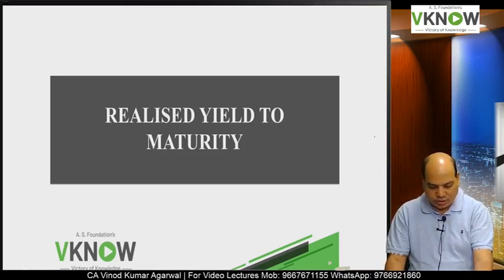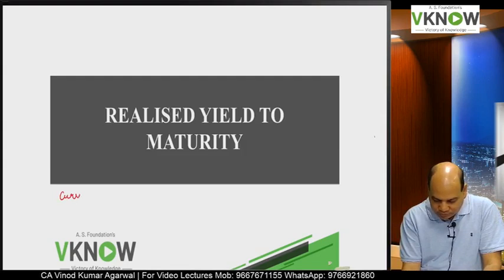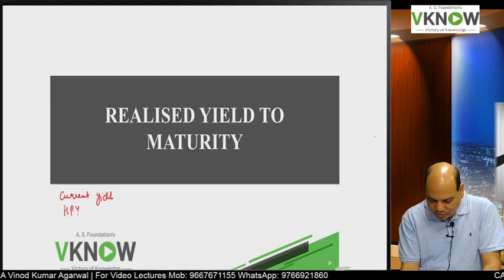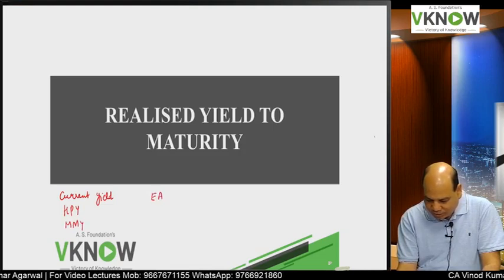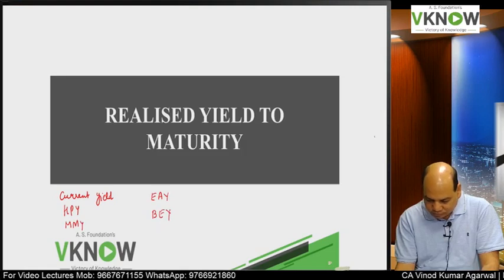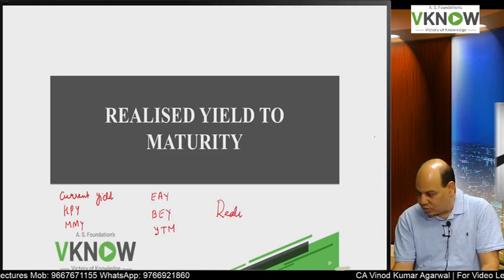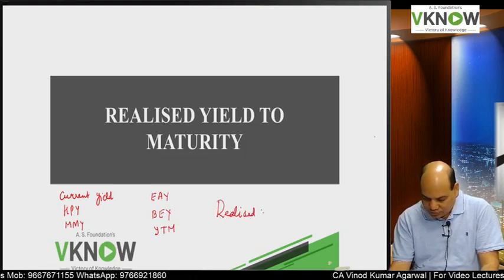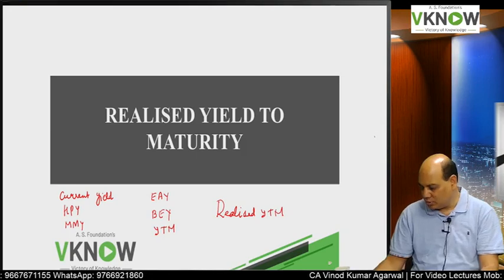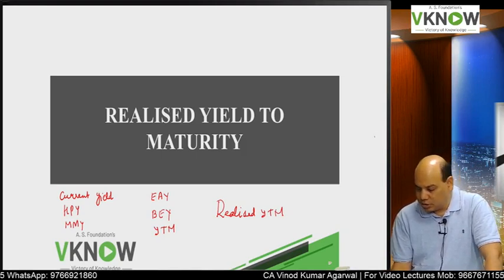We have already seen current yield, holding period yield, money market yield, effective annual yield, bond equivalent yield, yield to maturity, and now one more yield we will see is realized yield to maturity. So what is realized yield to maturity?